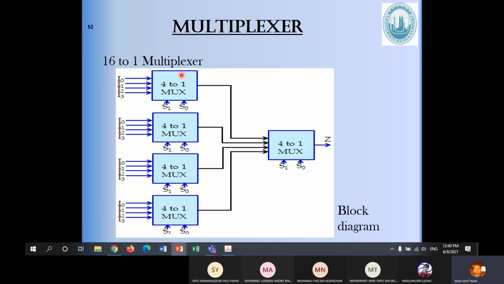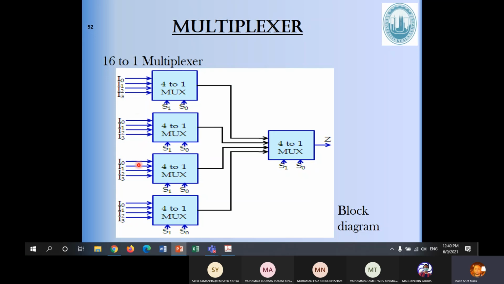The first one becomes the input for I0 until I3. The second one for I4 until I7. The third one for I8 until I11. This one is I12 until I15.